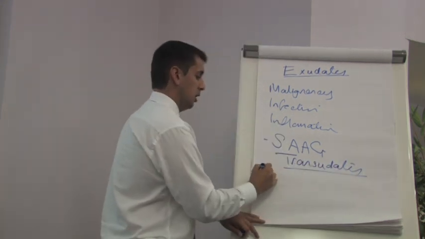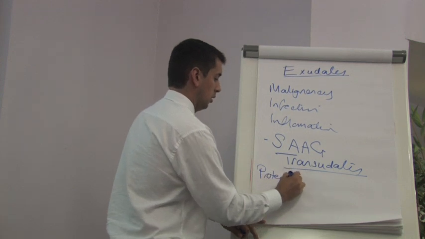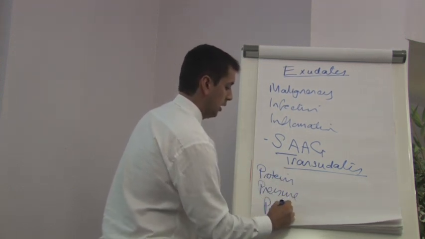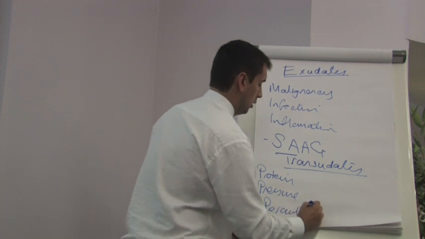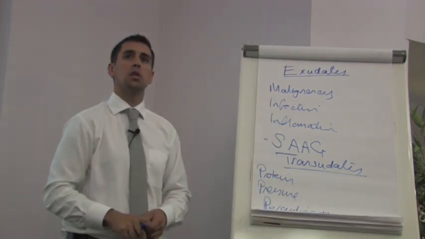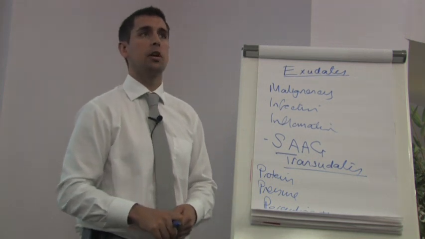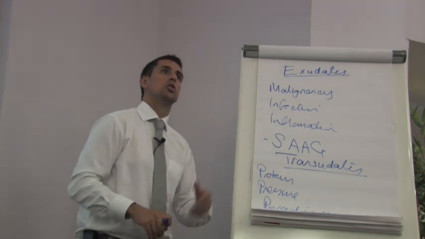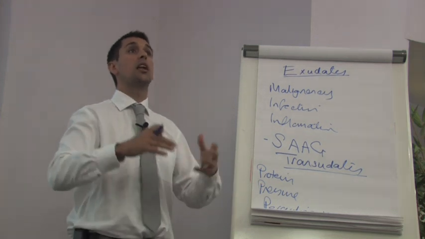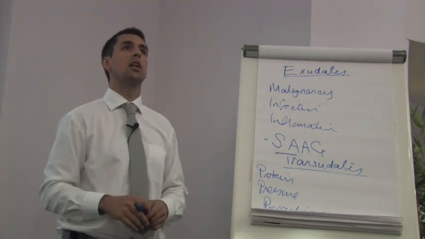This is about protein, pressure, peculiar things. There's protein problems if I'm not making enough protein or I'm losing lots of proteins. So Rowie, can you give me a disease where you're losing shed loads of protein all of the time? Nephrotic syndrome.